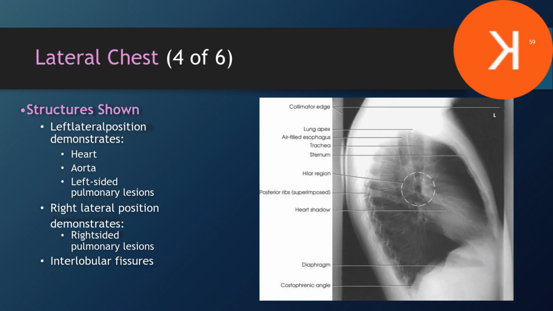We have the lung apex, air-filled esophagus, right? In front of that, we see the trachea, the sternum, the hilar region in the middle, the posterior ribs which are superimposed, the heart shadow, the diaphragm, and the costophrenic angles in the back.